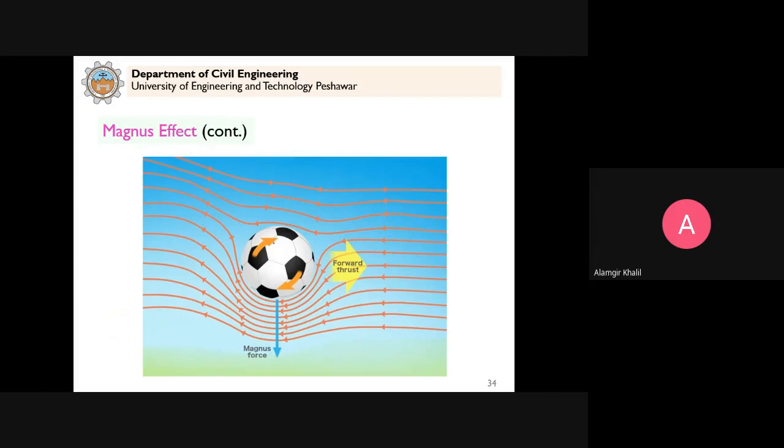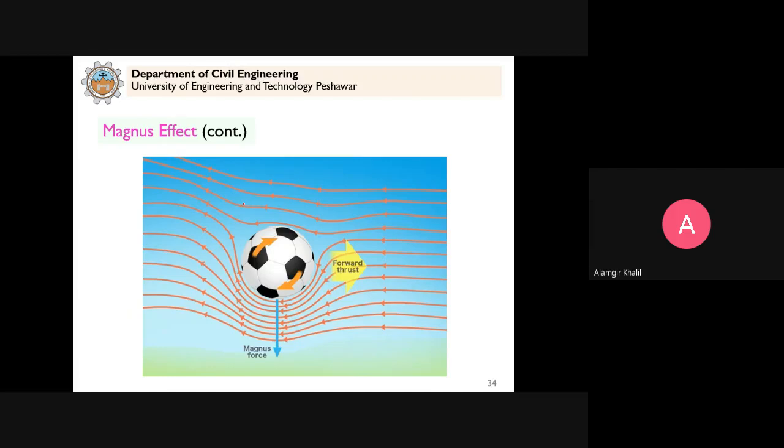Similarly, you might have observed that when we hit a football, a soccer ball, because it is rotating and the fluid is flowing past this object, in this case the Magnus force is acting down. It depends on the condition.